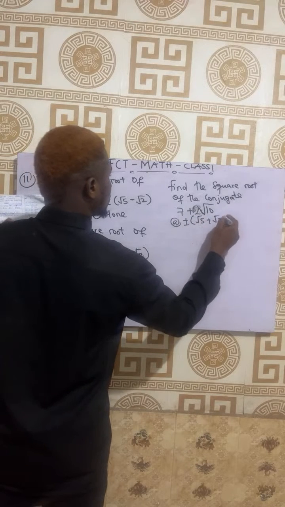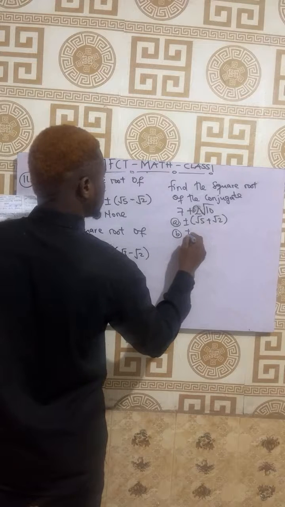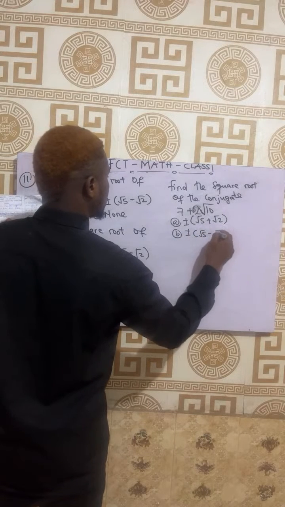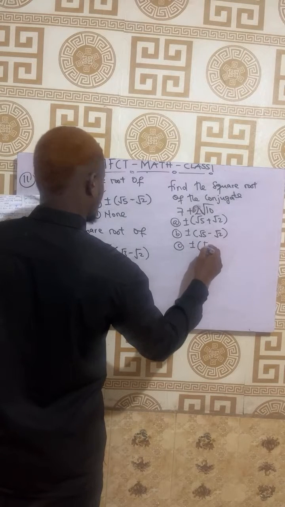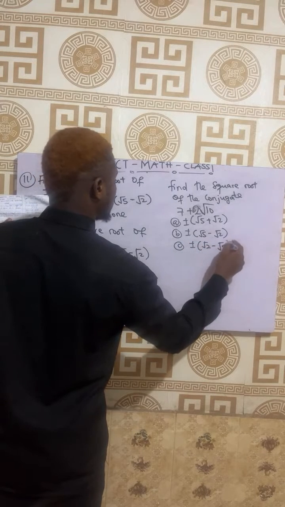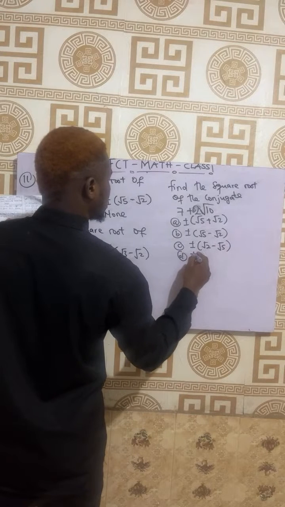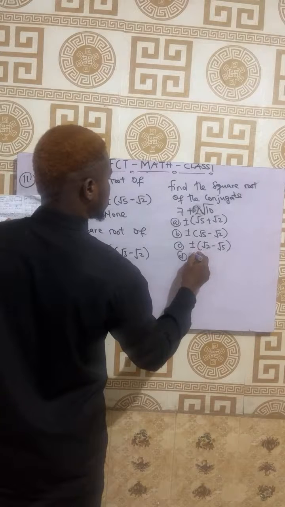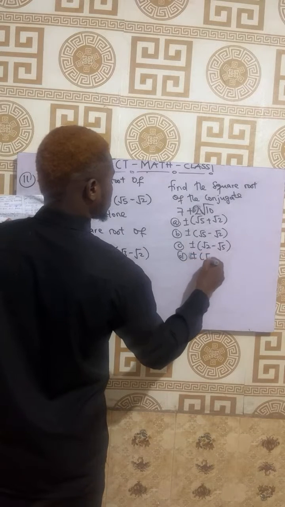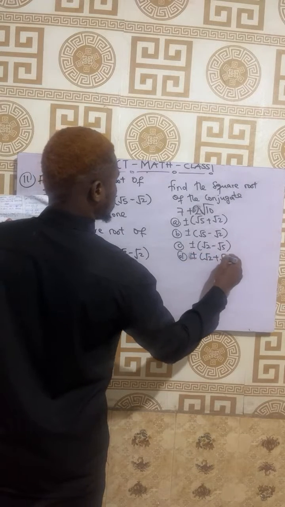Option B, plus or minus 5 minus root 2. Option C, plus or minus root 2 minus root 5. Option D, plus or minus root 2 plus root 5.